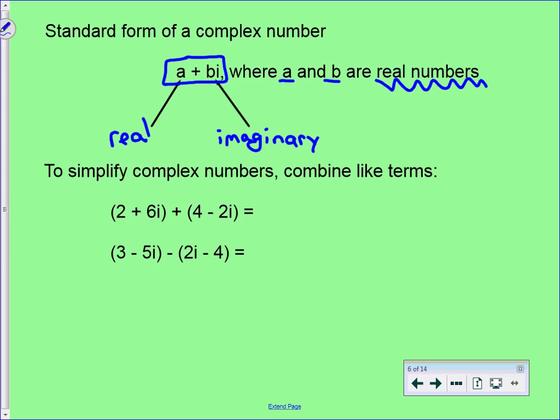So an example of what this looks like, we could have a 3 plus 2i. This is a complex number with the real part being the 3, the imaginary part being the 2i. Now, if we're getting back to our nice and wonderful coordinate plane, both of these numbers really stand for the x and the y. The real part is the x, and the imaginary part is the y.